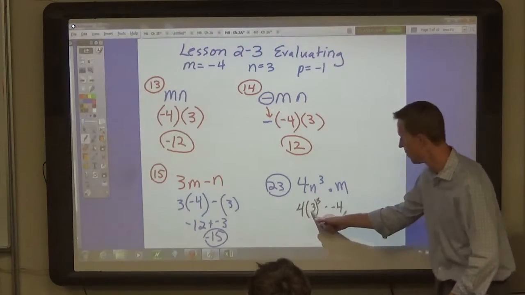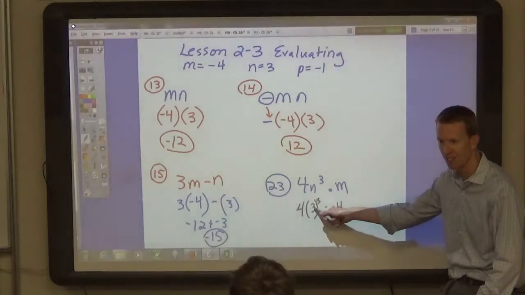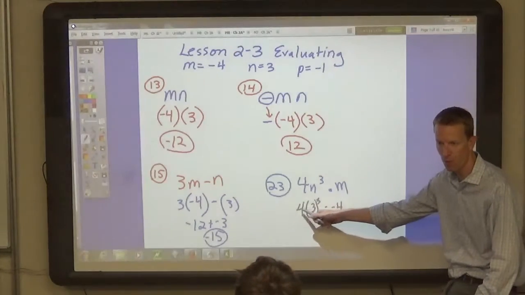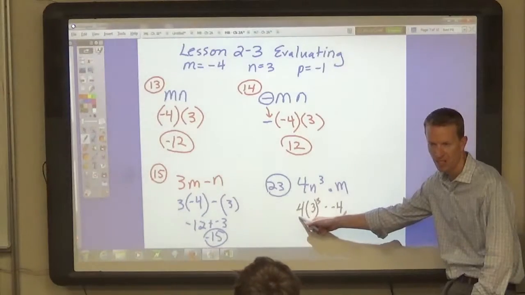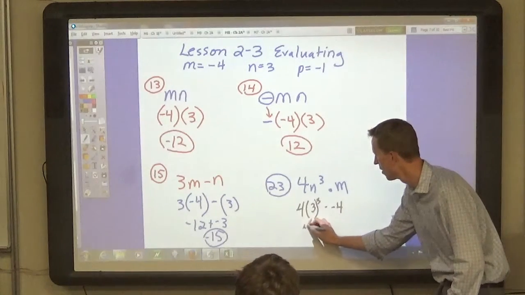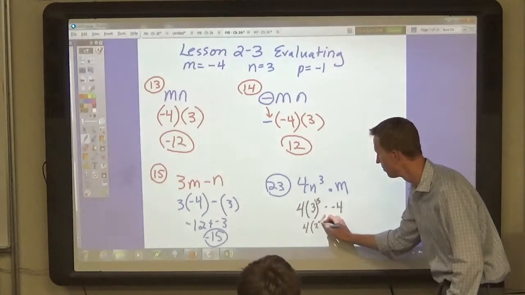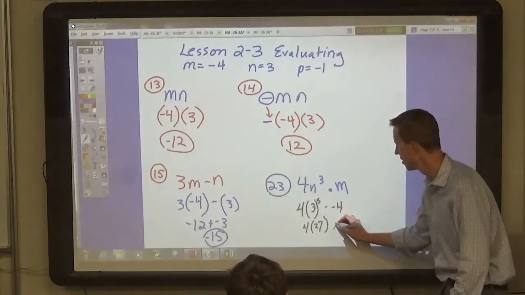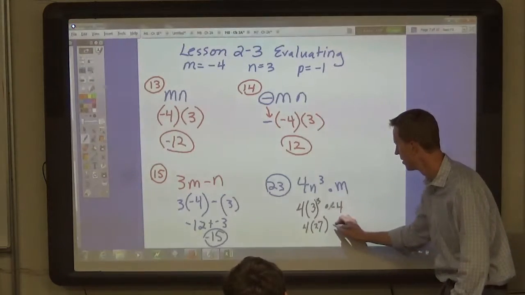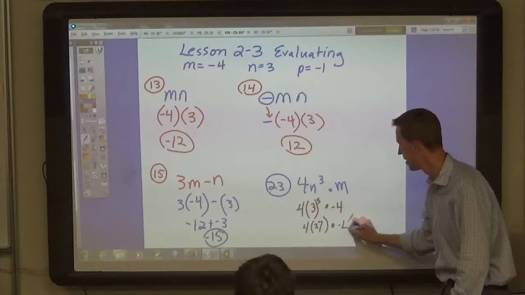So then do the power first, because the power comes before multiplication, 27. Order of operations, so 4 times 27 times negative 4.